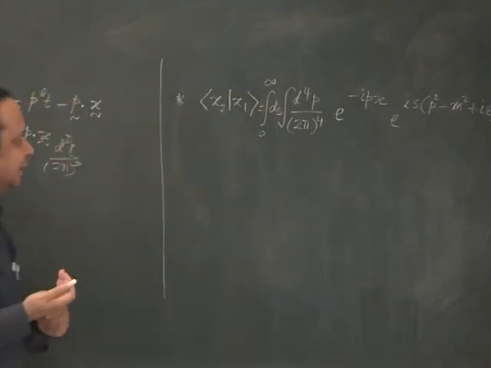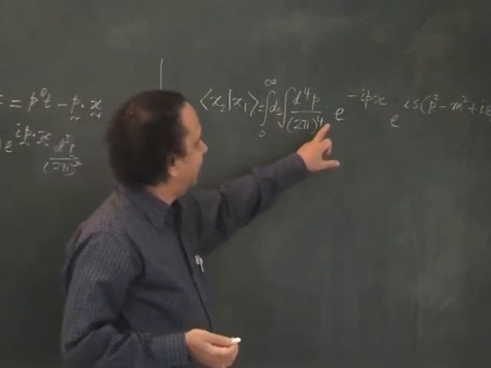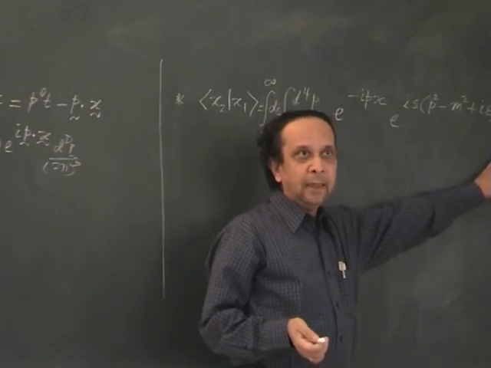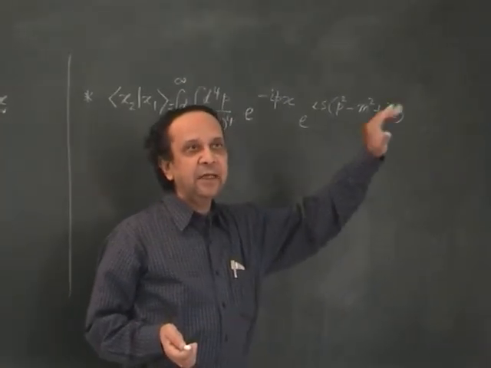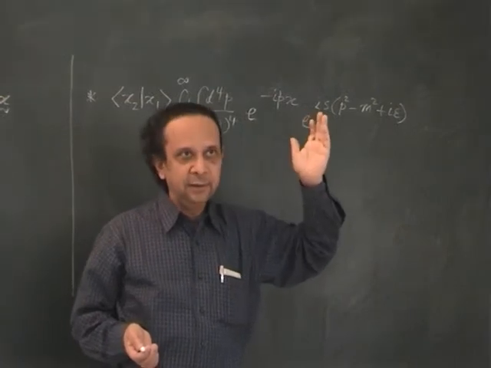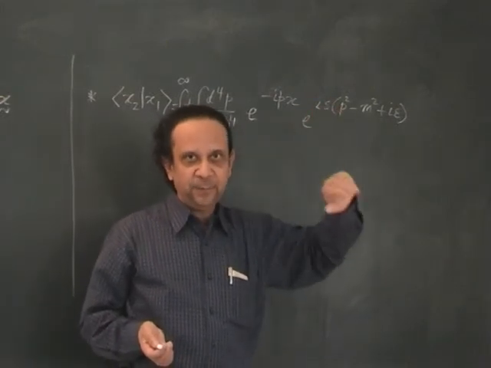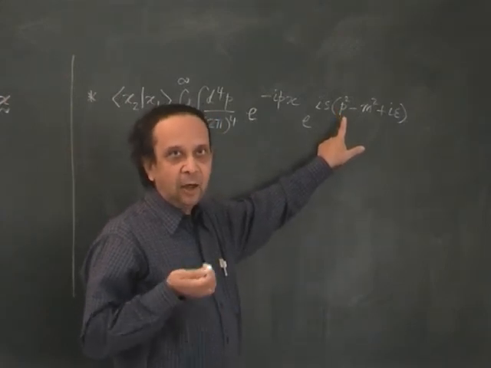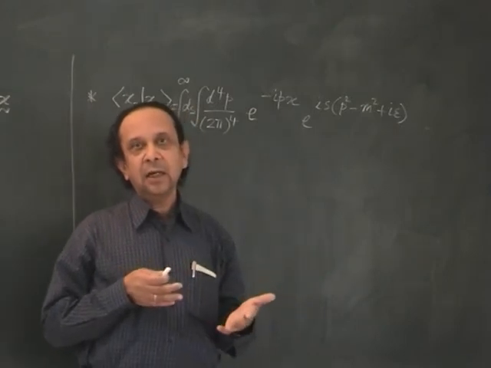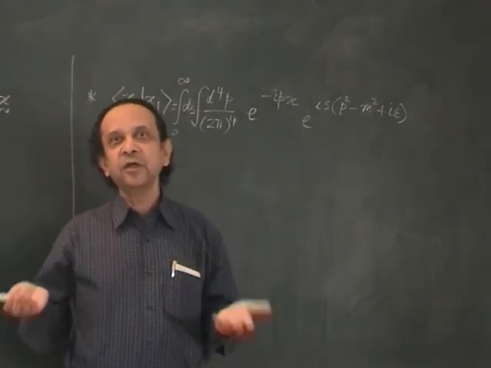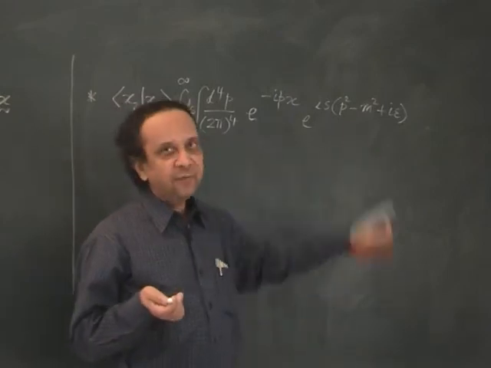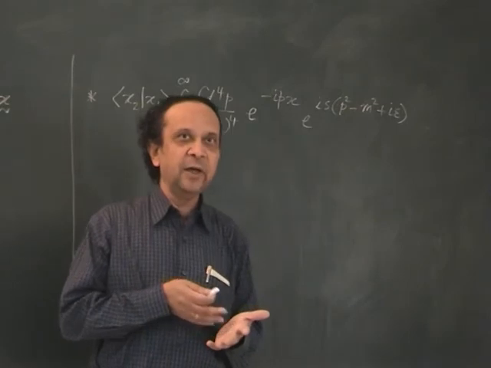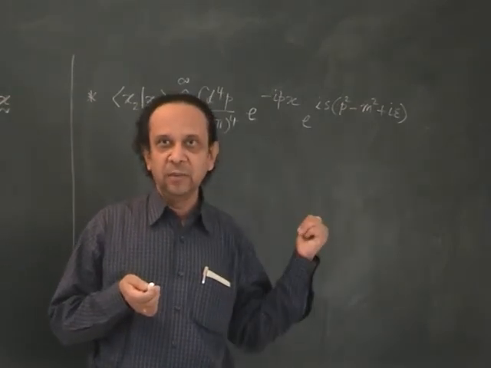See, what is happening here is that I have a d4p e to the minus ipx or some quantity here, which I can think of as some kind of what is known as a super Hamiltonian. So let me write it down first and then I will explain. P is the momentum, and normally P is associated with i times the derivative with respect to coordinate. So the P square will become box in 4 dimensions, because in 3 dimensions P square will become del square, right? So this will become a box.